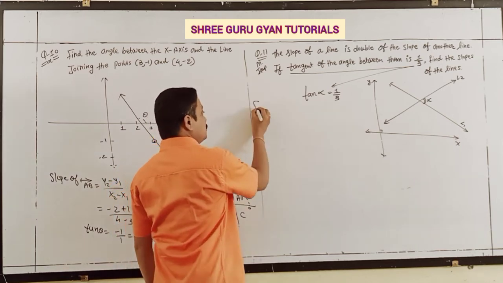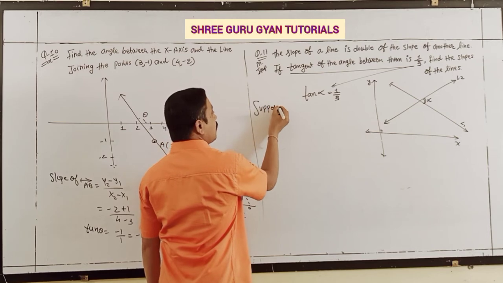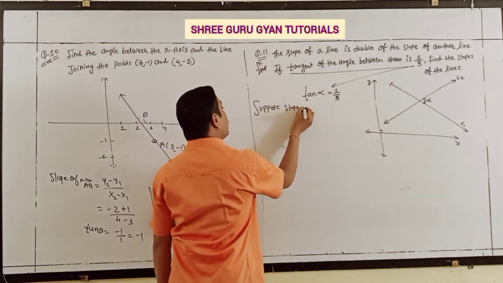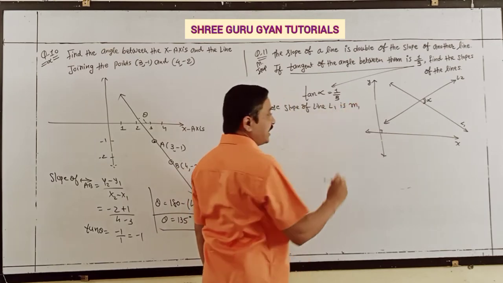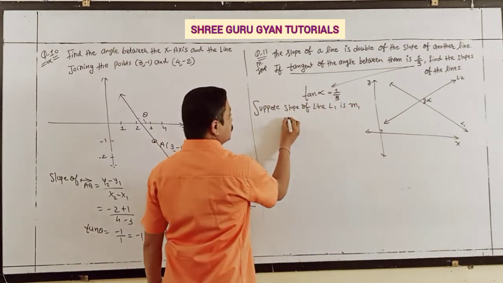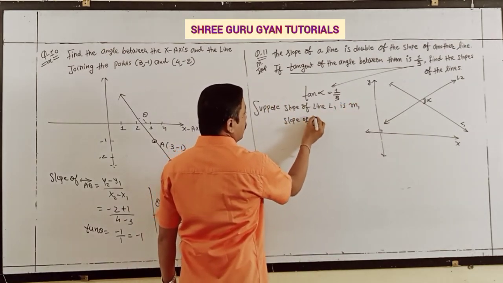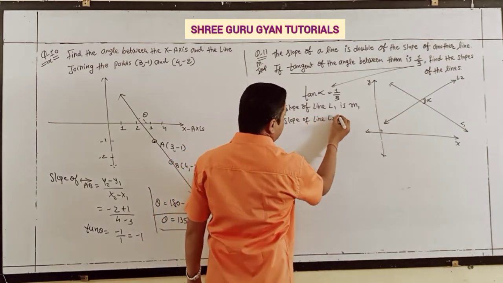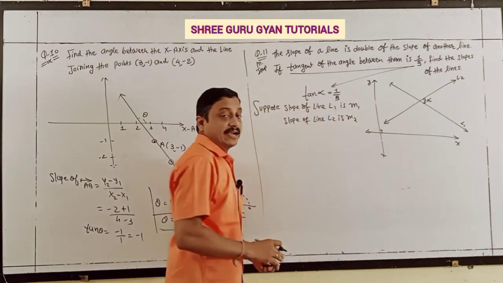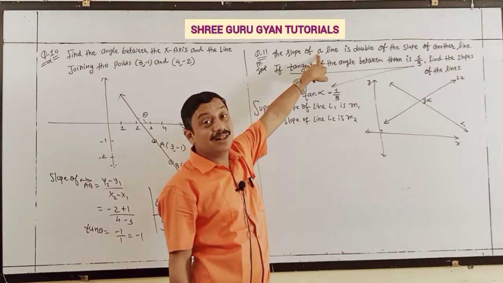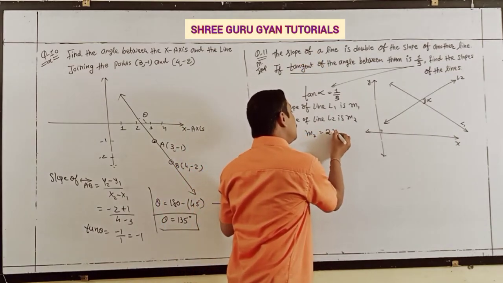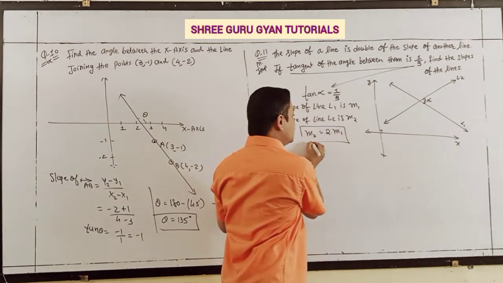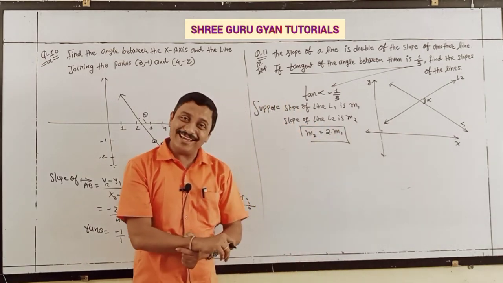So suppose the slope of line L1 is m1 and the slope of line L2 is m2. But we read that the slope of one is double the other. So I take m2 as double of m1, as given.